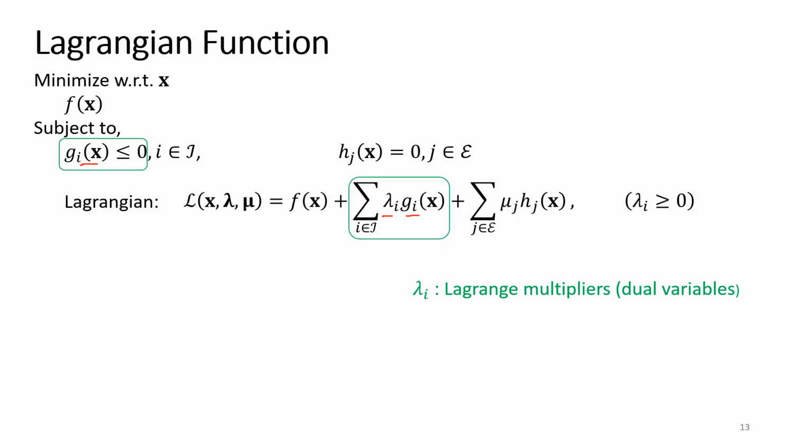And so the second term is summation, carried out over all inequality constraints, of lambda_i g_i of x. And for these inequality constraints, remember that the lambda_i's, the Lagrange multipliers, should always be greater than or equal to 0.